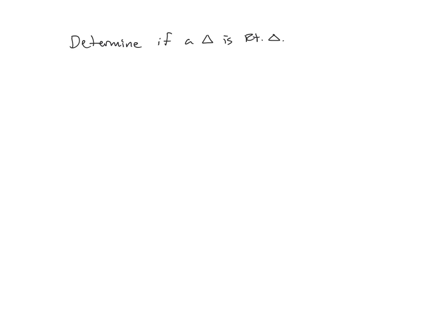So let's do one that's a little bit different. Is that a right triangle? Well, it looks like it. Can't say it looks like it. So if it is a right triangle, then a squared plus b squared equals c squared will be true.